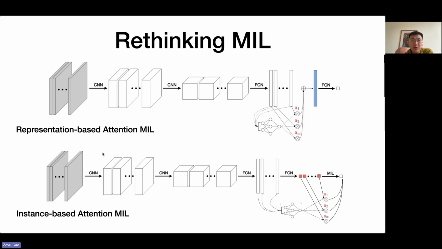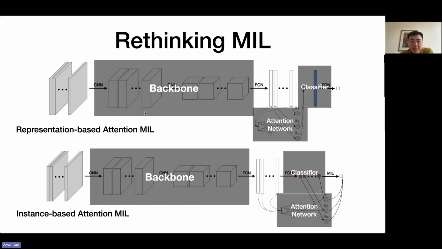So we started rethinking the whole multiple instance learning framework. Basically, MIL is composed of three components. They have a backbone to extract patch-level features. They have an attention network to decide the contribution of each patch. And then they have a classifier to classify each patch or each slide into a specific category.